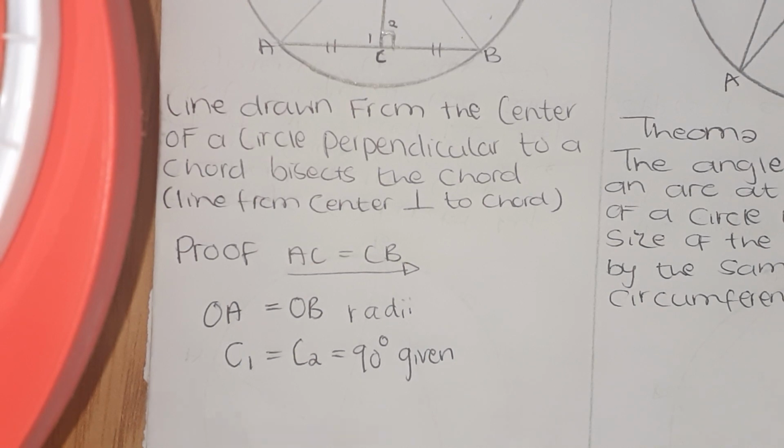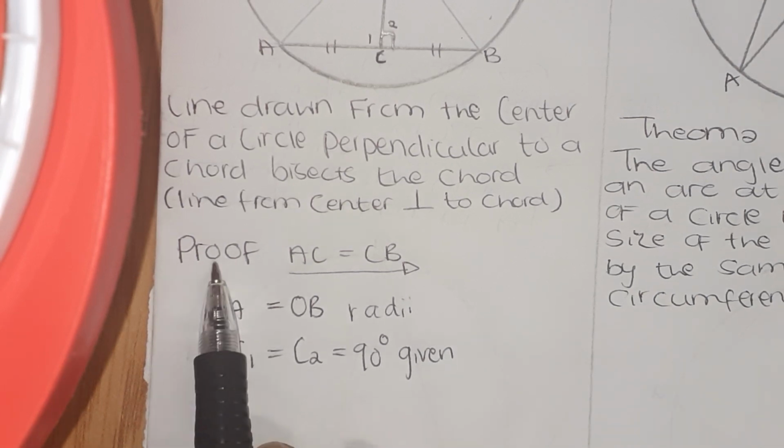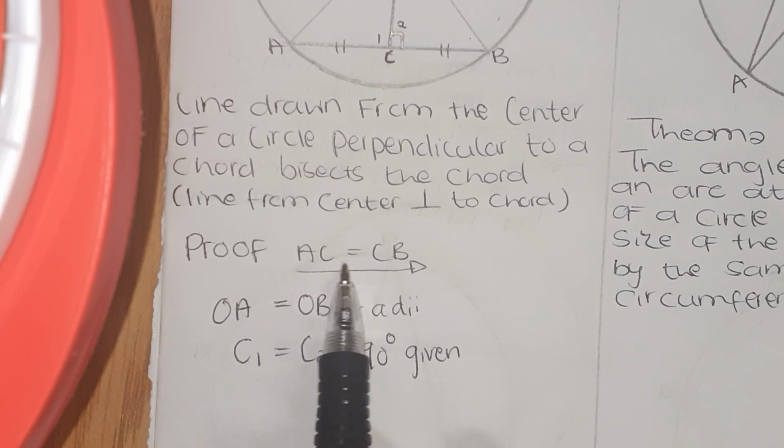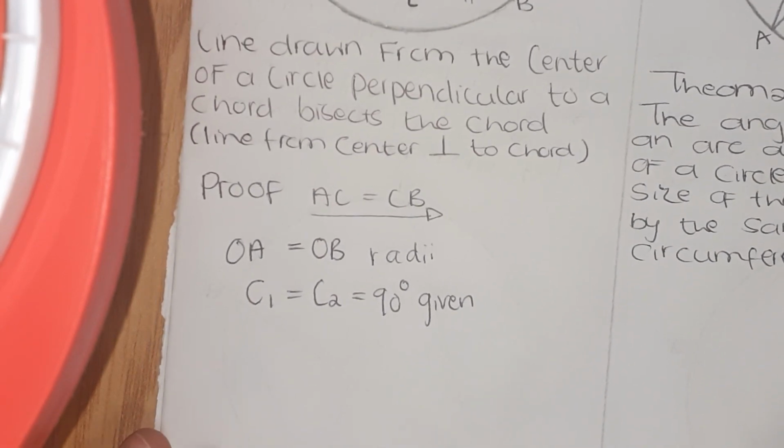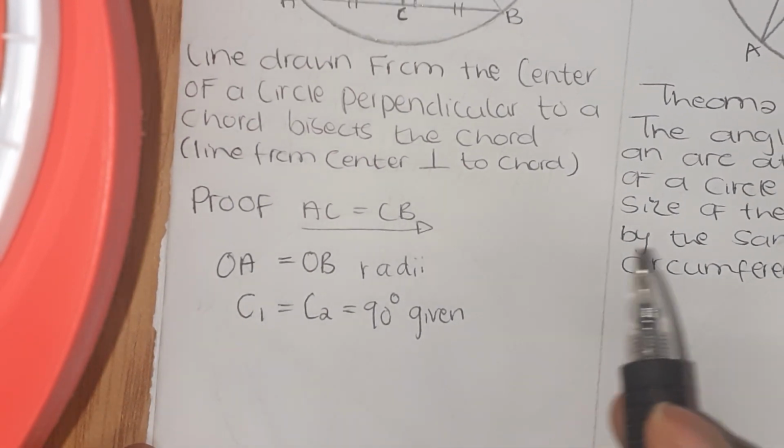You don't have to say radius, you just have to say it's given. You have given it to me, so I am acknowledging it and using it to prove my case. Because here what you're doing is stating your case. The reason why this statement is true, that AC equals to CB, is because of including the information that you were already given. So that's what you have to remember, right?